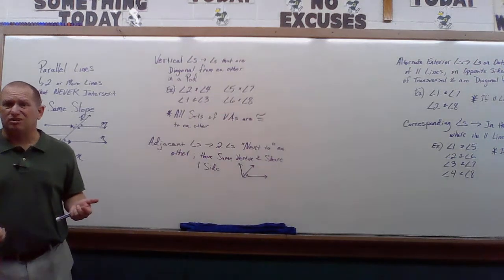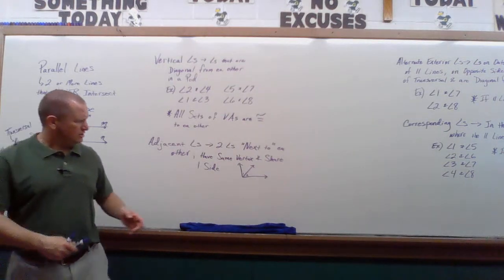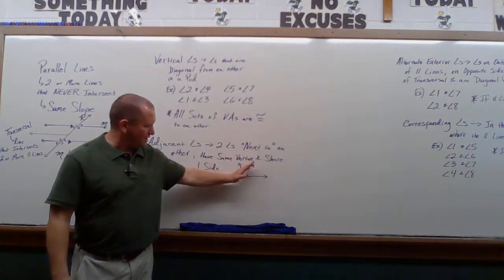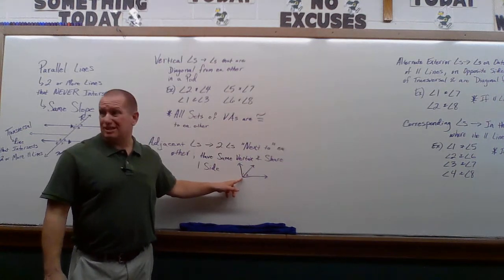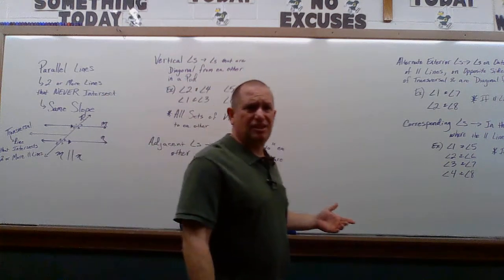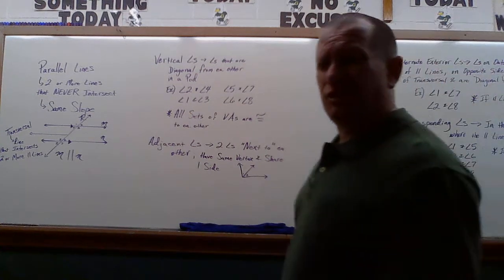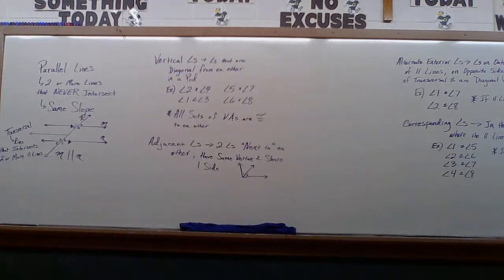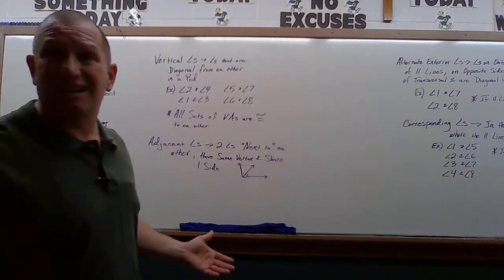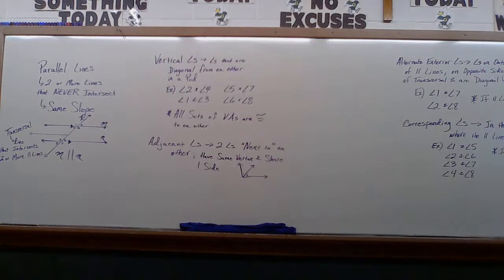They're right next to each other. They touch each other. They share this side right here, and their vertex would be the same. But realistically, they're not always congruent. They're very seldom congruent. Sometimes, though, they could form a linear pair, which means that they form a line. So there are other things that could happen to them, but not necessarily.